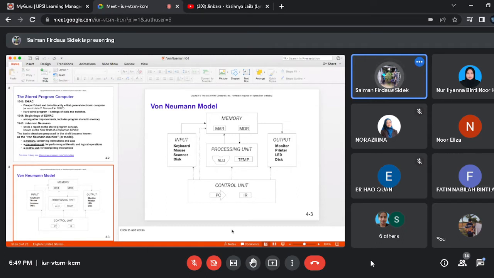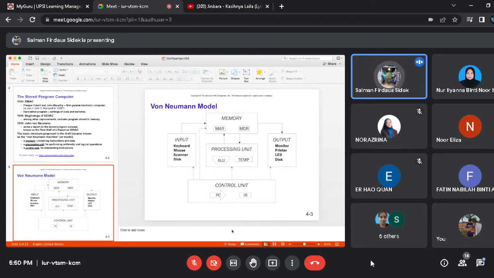If you look inside the component, you can see the ALU and temp. Temp stands for temporary storage. Temp is used just to keep the data temporarily when it is going to be processed. ALU is the arithmetic logic unit.